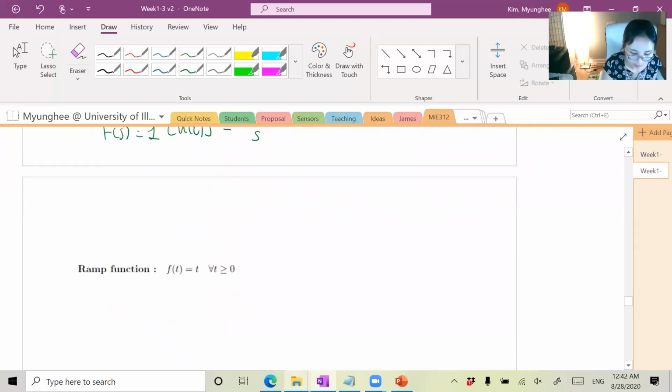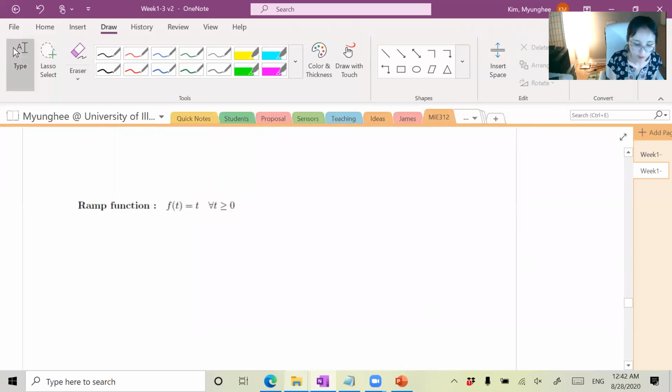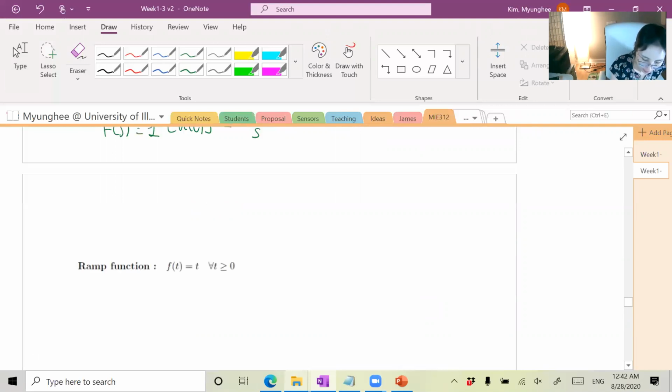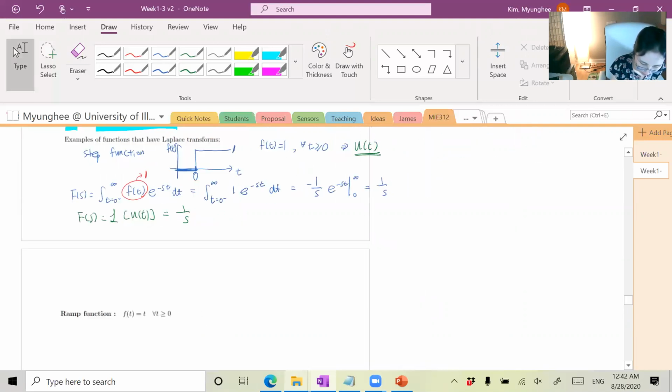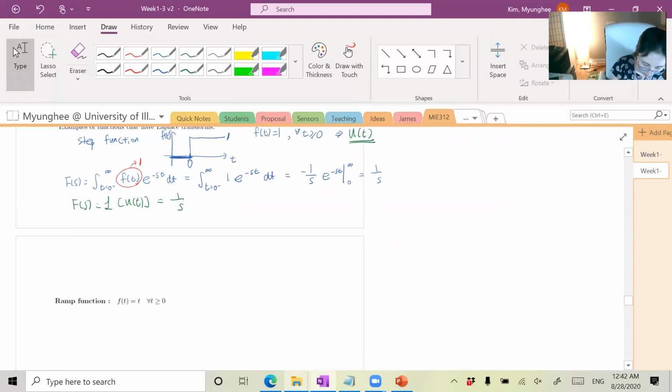And let's look at one more example, the so-called ramp function. It's the same thing, so we start from this. Again, F(s) equals the integral from 0 to infinity of F(t) e to the minus st dt. Now this F(t) becomes t.